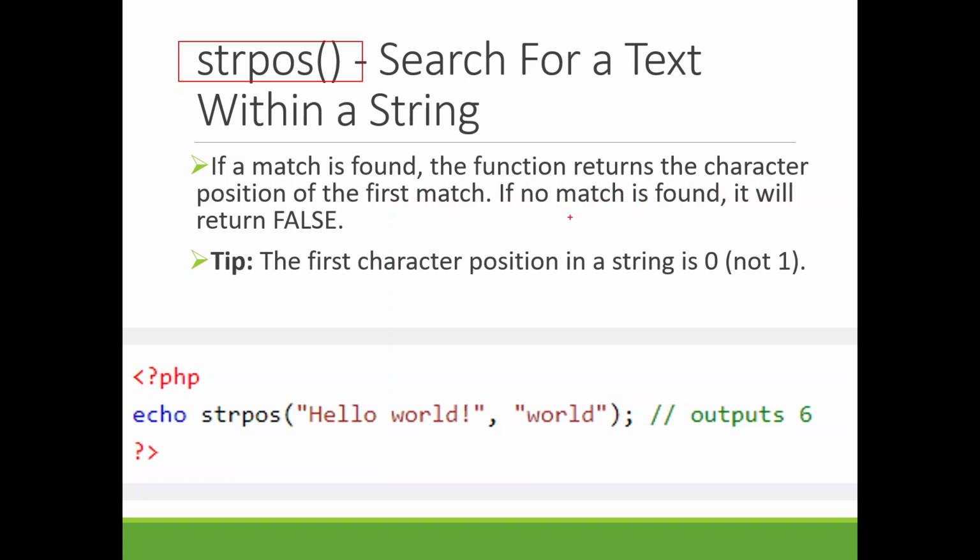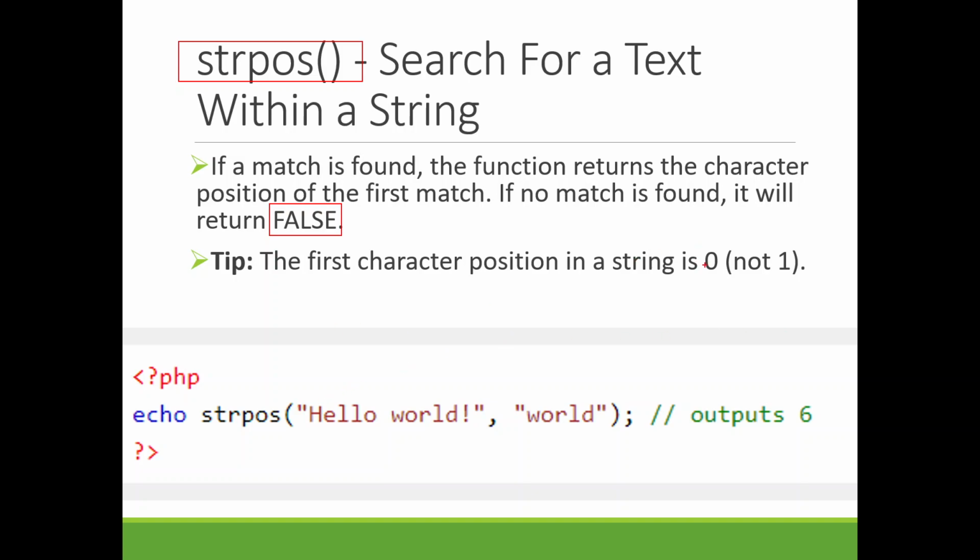If no match is found, it will return the value false. The first character position in a string is 0, not 1. In fact, a string is an array of characters.